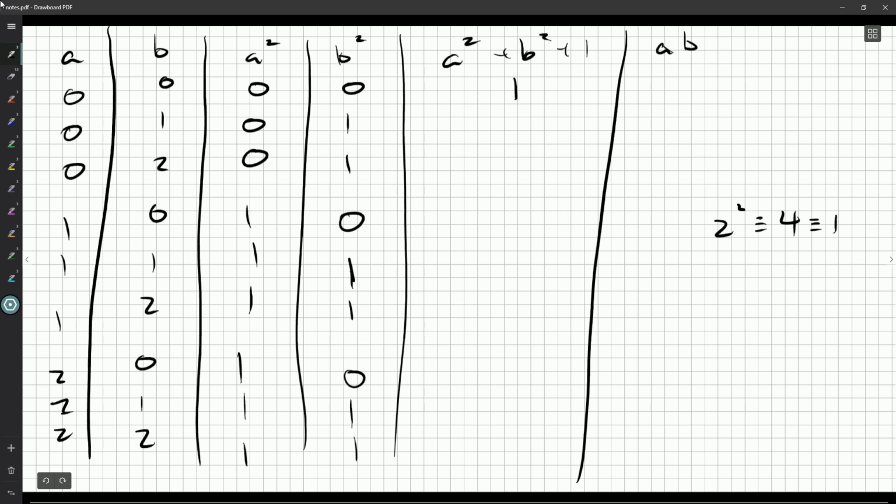We'll get 2, 2, 2, 0, 0. 2 here. 0 and 0 as well. So it looks like we get 2s almost every one, only when a and b are both multiples of 3.